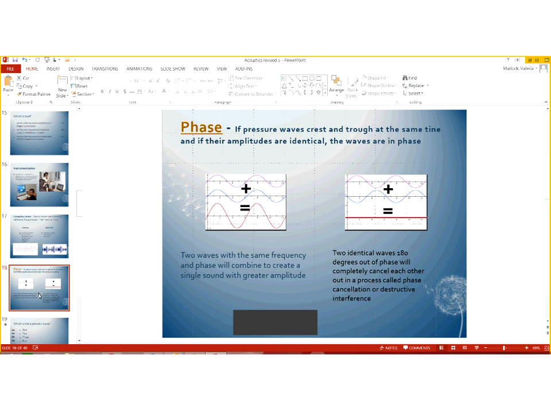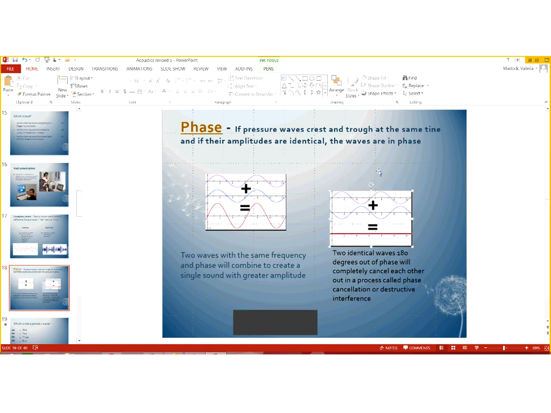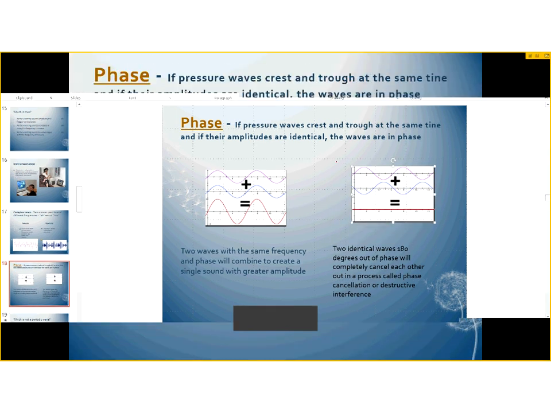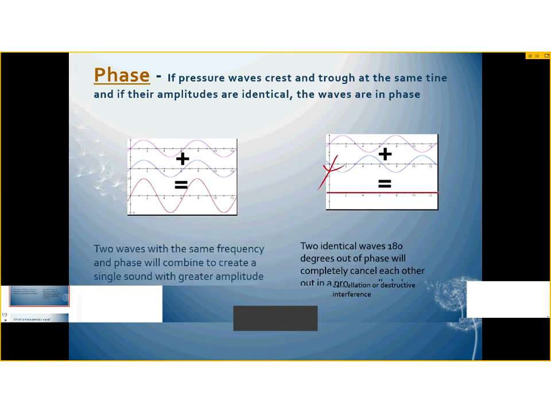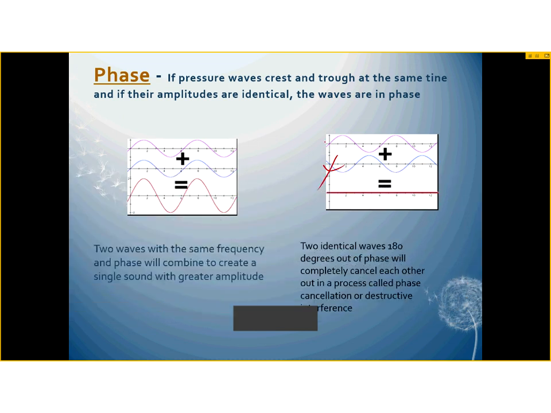If we have a wave that's beginning with rarefaction first and then compression, which would look like this, and we're also producing a sound where a wave starts with compression, if those waves are produced at the same time, you'll actually hear nothing. They will cancel themselves out because they're being produced out of phase.